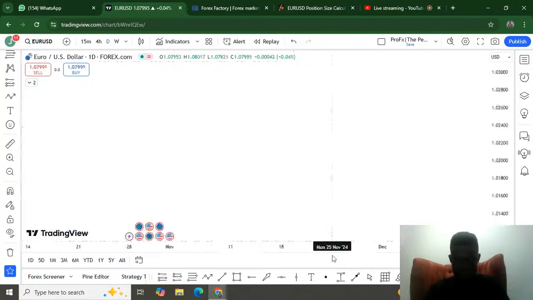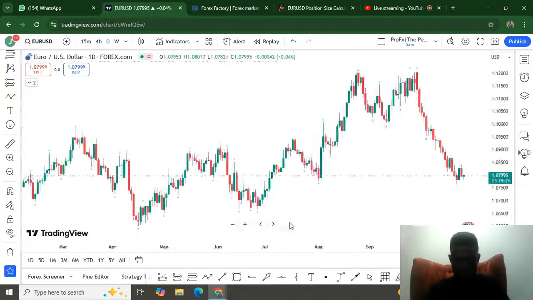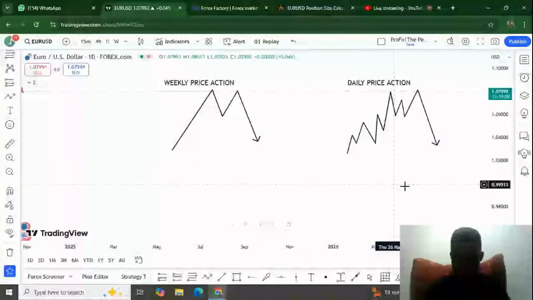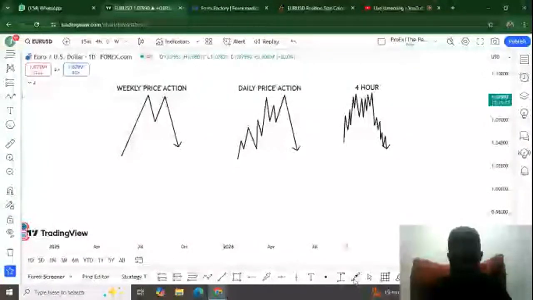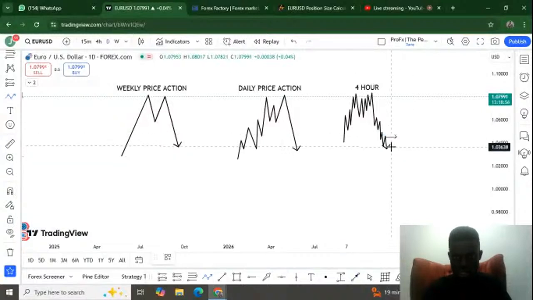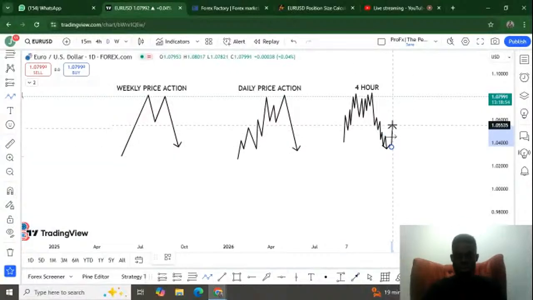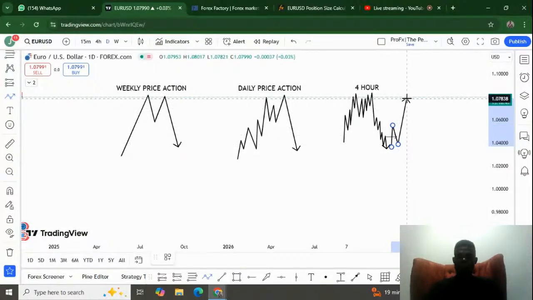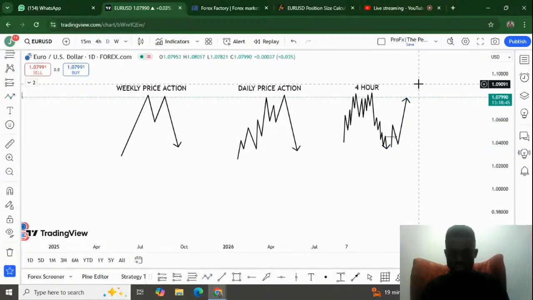For a change of trend to happen, that is for a buy to start happening, that means I must see this previous high taken out on 4 hours. I must see a break of structure out of the previous high on 4 hours. Then I see a retracement, I will buy. That will be a change of trend.